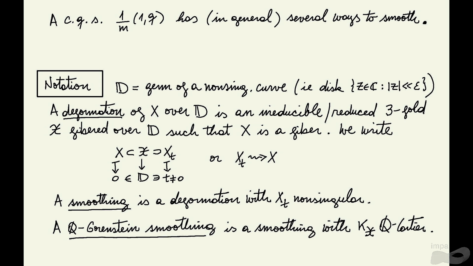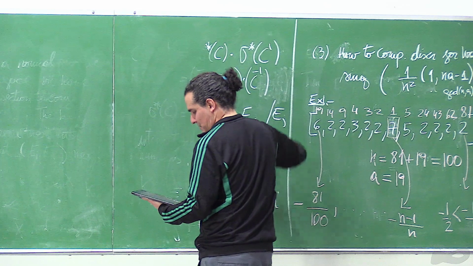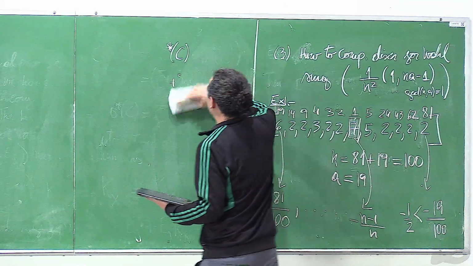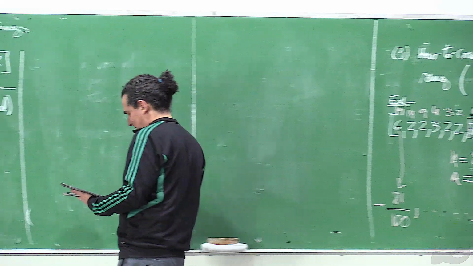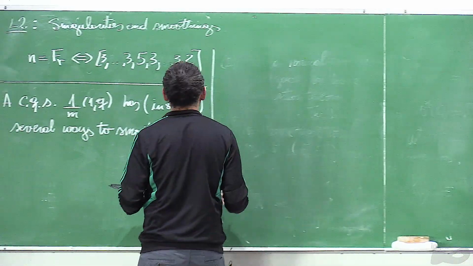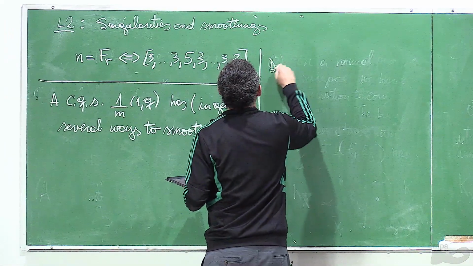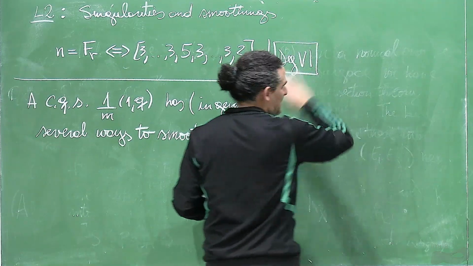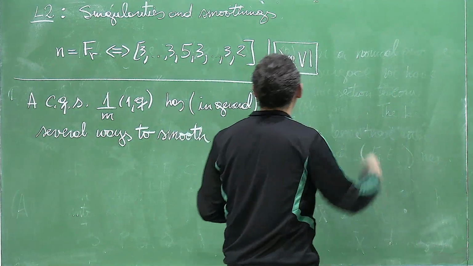Now I will study a little bit the deformation of a cyclic quotient singularity, and for that I need to introduce P-resolutions. So I will define P-resolutions, but for that I need to define first T-singularities. And this is a definition due to Kollár and Shepherd-Barron. So there is a paper in this whole story that is very important.